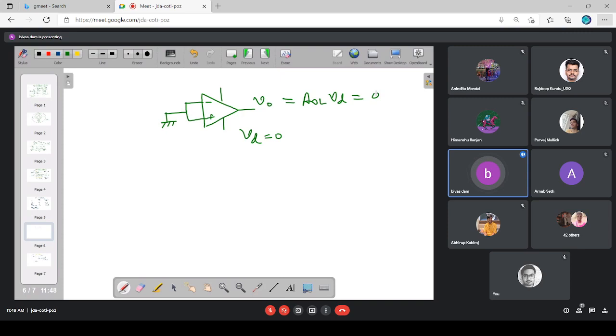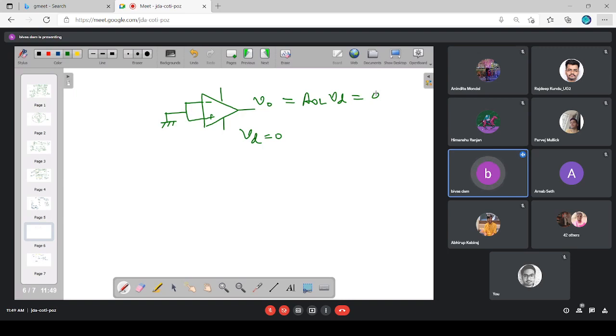You may find that the output voltage is say plus 1 volt, maybe minus 2 volt, maybe plus 15 volt, maybe minus 6 volt. The output voltage may be any value. Had it been an ideal operational amplifier, there is no chance that the output will be anything other than 0.